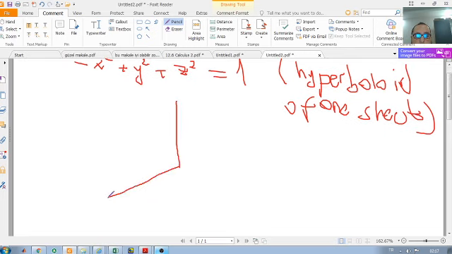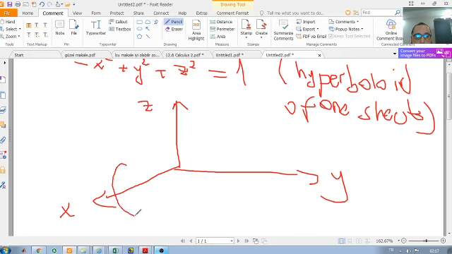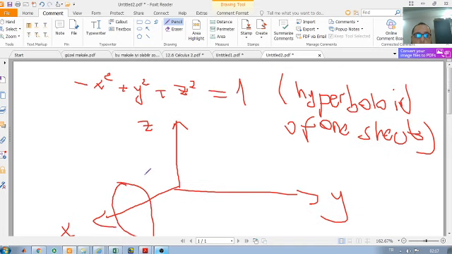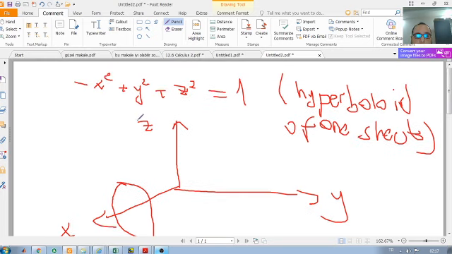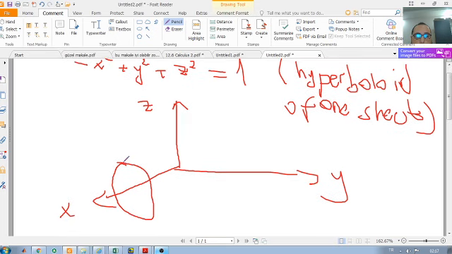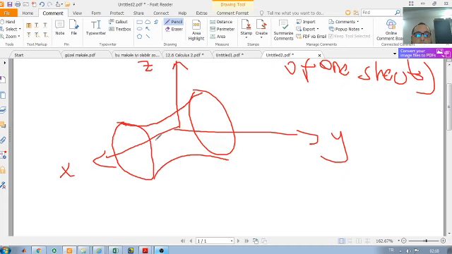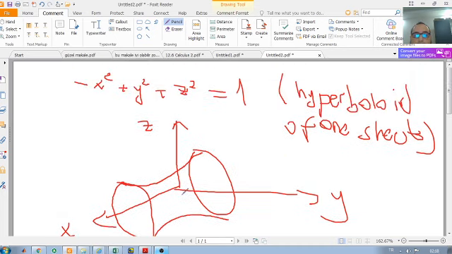Therefore, its graph will be in this form: x-axis, y-axis, z-axis. So we sketch an ellipse at the beginning, since vertical traces are now ellipses. It should be in this form. Okay. Namely, the symmetry axis is the x-axis.